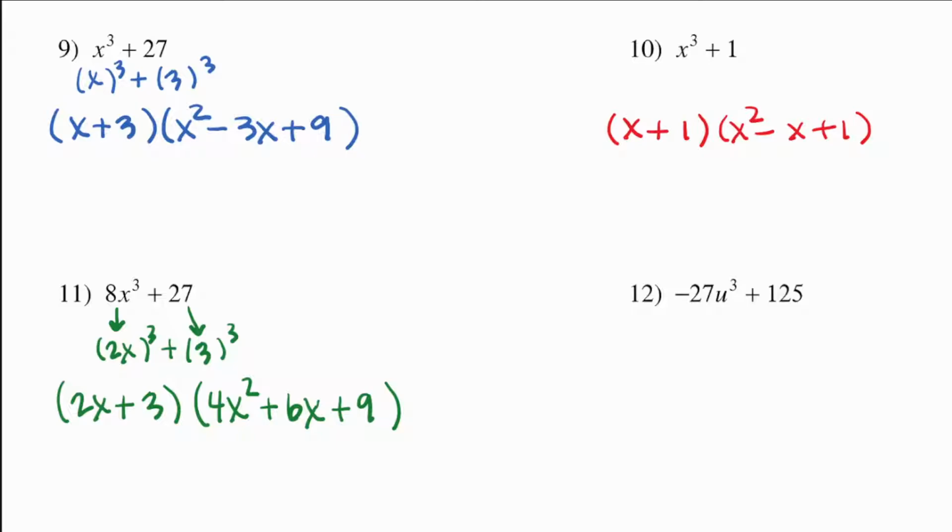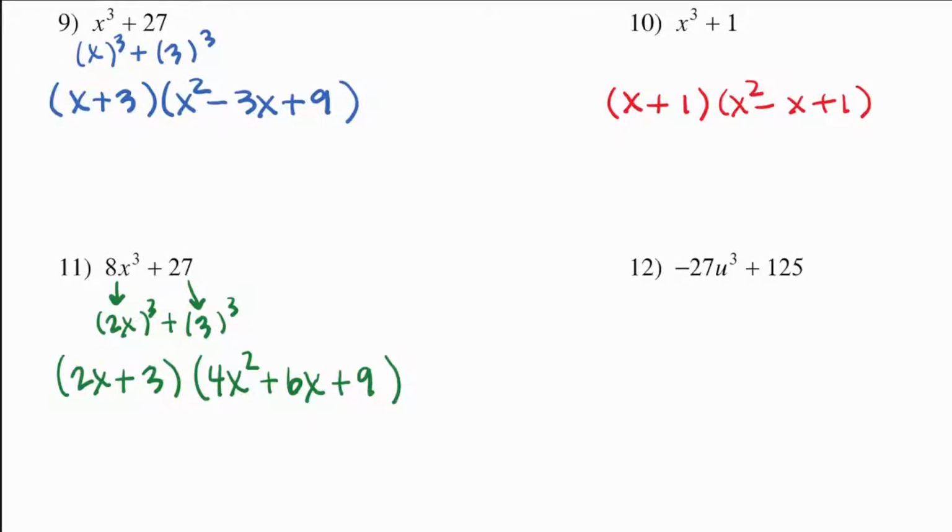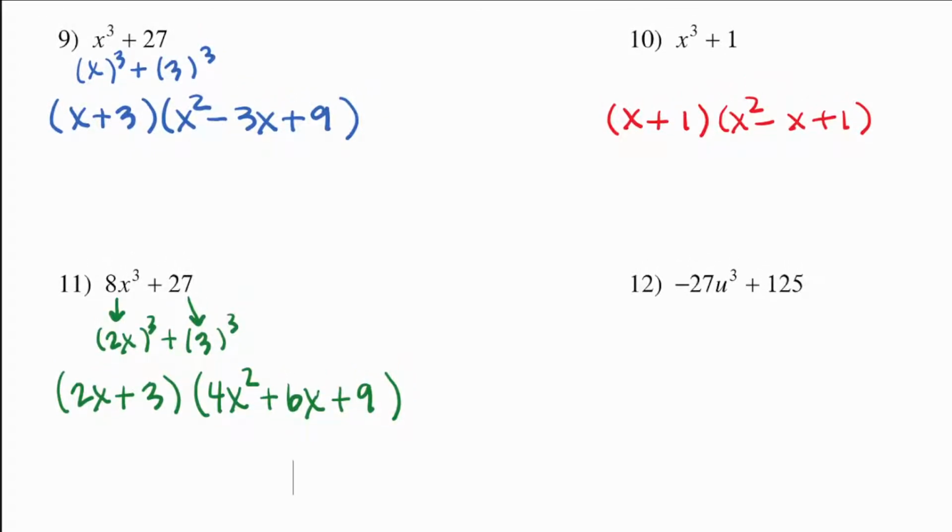Okay, number 12, negative 27u to the 3 plus 125. Now you could go over here and say that this is, I think, negative 3u taken to the third power and do a sum of cubes, but I don't really like that. I'm going to just rewrite this as 125 minus 27u to the 3, and I'll do a difference of 2 cubes.